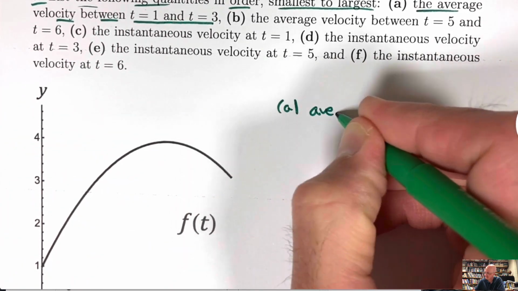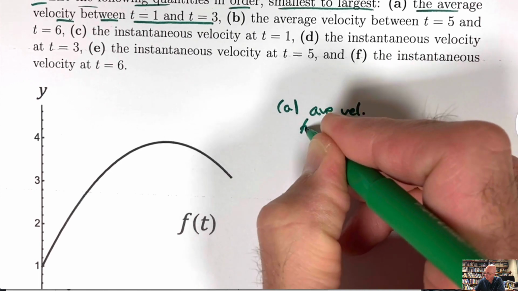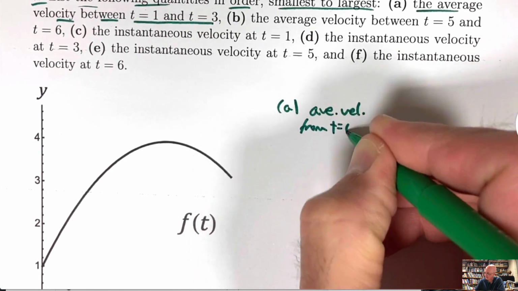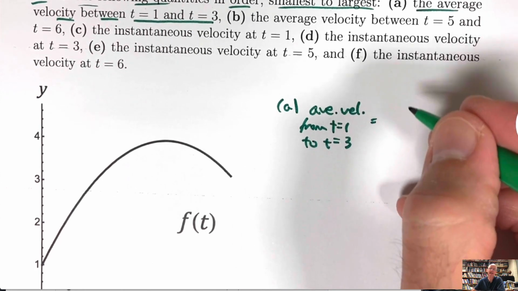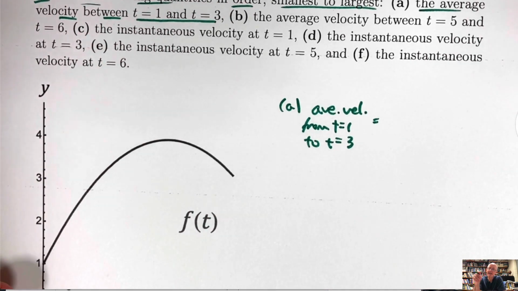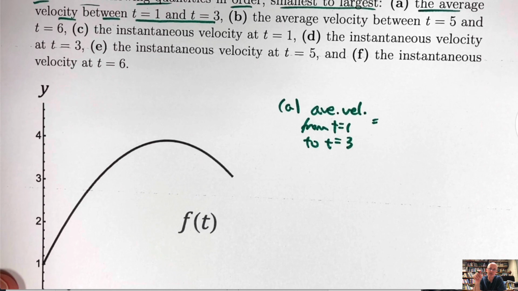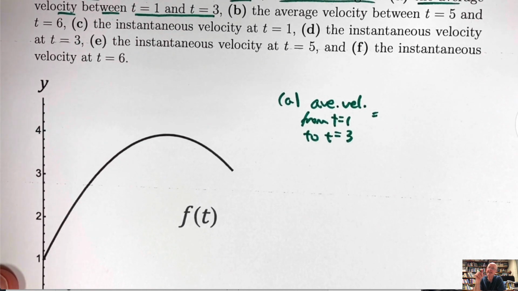Average speed is distance traveled divided by time. Average velocity is better described as change in position divided by time.